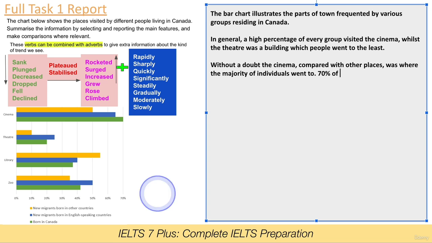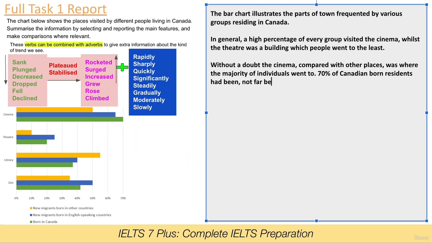70% of Canadian-born residents had been. We have this line here, 70% of Canadian-born residents had been. And let's have a look. We have new migrants born in English-speaking countries are not far behind.